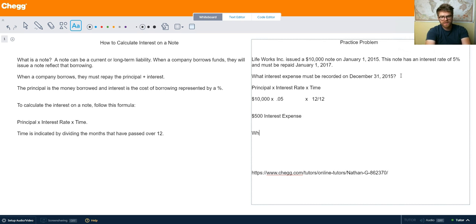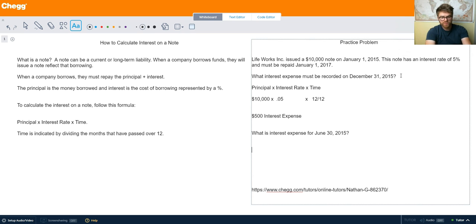Now, what if I said, what is the interest expense to be recorded on June 30th, 2015? So we would do 10,000 principal times your interest rate times the time that's passed.